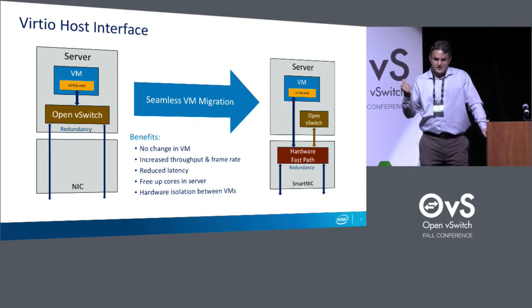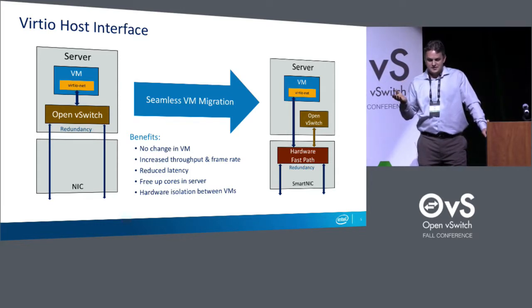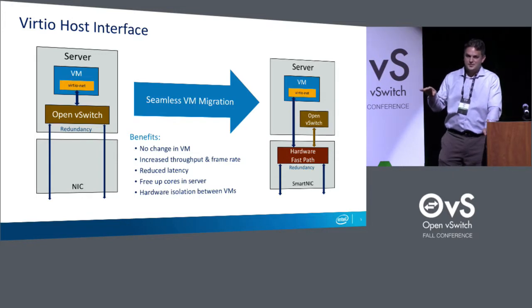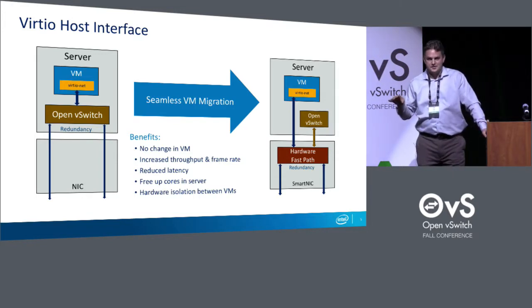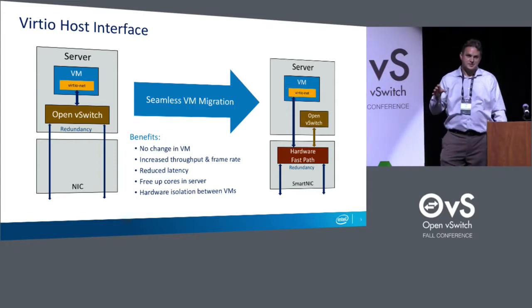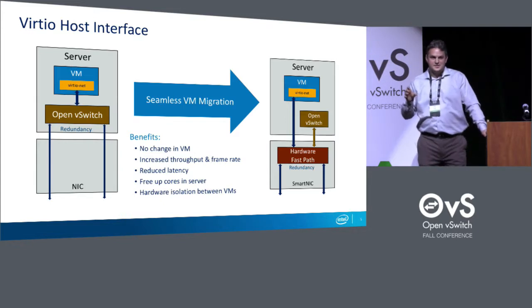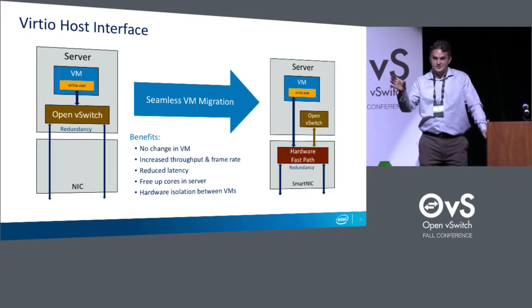And the other benefit you get out of this is that once I make that switch over, just like with SR-IOV, I can hardware isolate those VMs. So I can say, all right, this VM, I just moved you over, and you can get higher performance, but I'm going to limit your packets per second and your throughput in hardware. So it's a hard limit. It doesn't cost me any extra cycles to enforce that. And it makes the VM really think it has a virtual port.